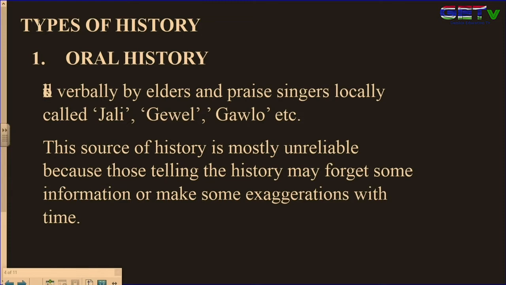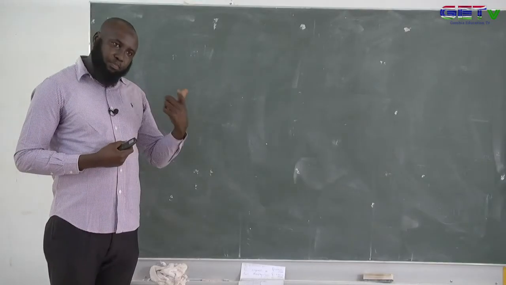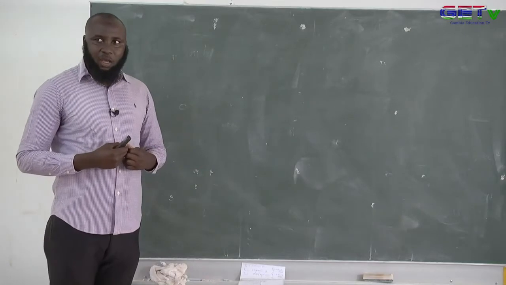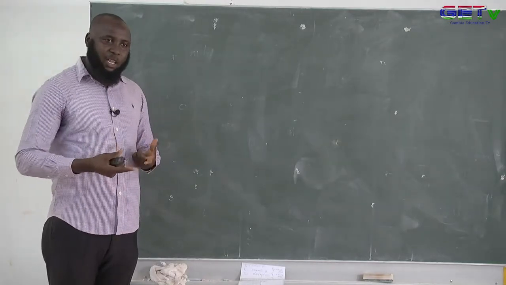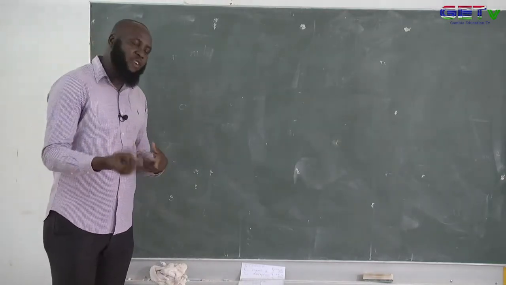Or they may also make exaggerations. For example, if you are praising somebody and you want him to give you more money, because as the praise singers are narrating your history, people become very happy and give them something as a token of appreciation.